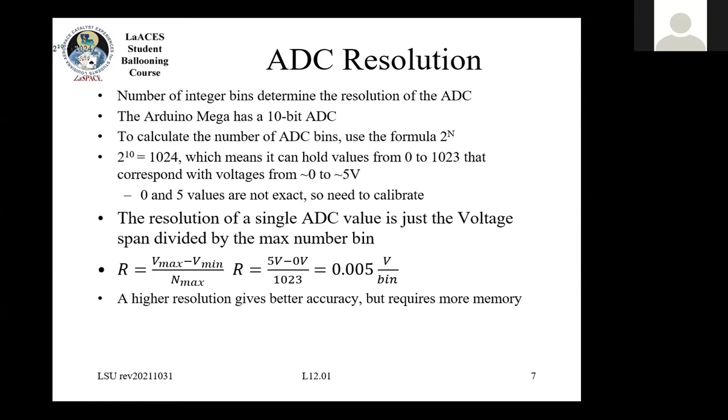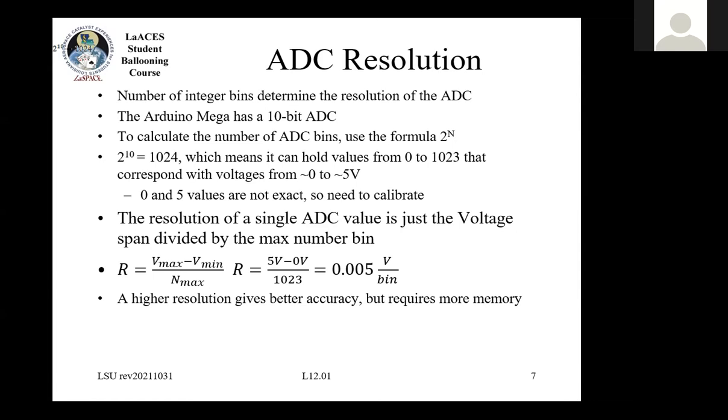So the way that you calculate how many individual voltages you have is you just take the number of bits and raise it to 2 to the n, right? So if I have a 10-bit ADC, that means I have 1,024 possible ADC values. I will get values from 0 all the way to 1023.